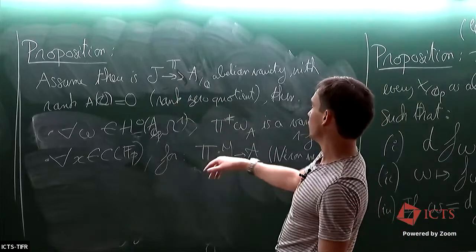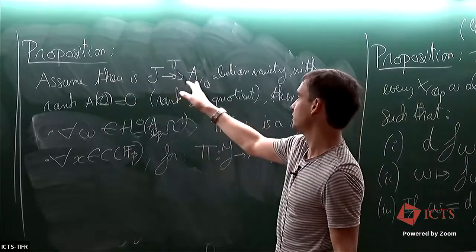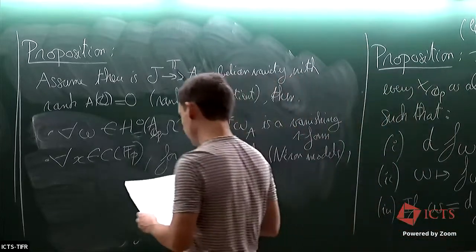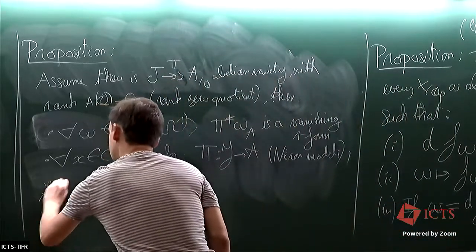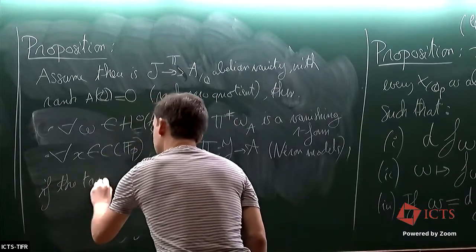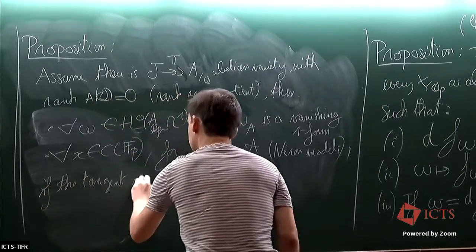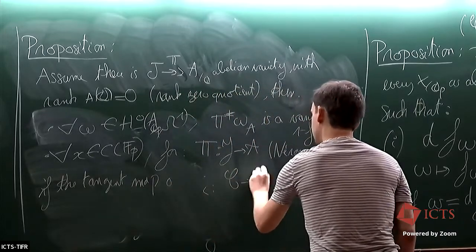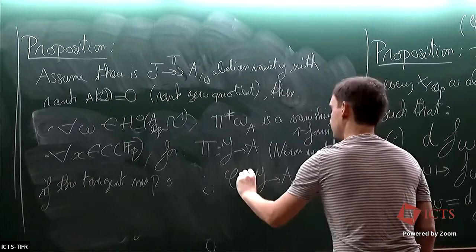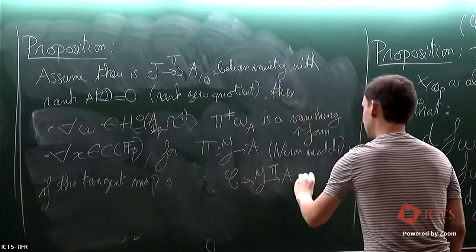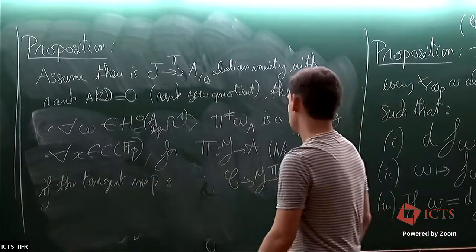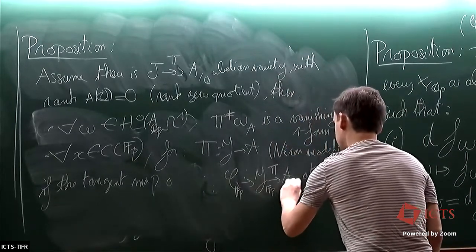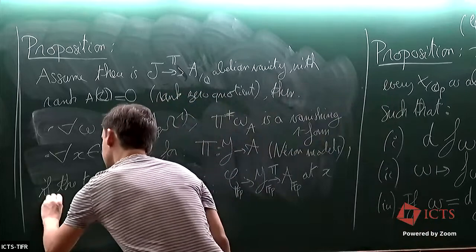So I get a morphism in particular from J_Fp to A_Fp. Then if the tangent map of iota from C to J to A at x, over F_p, is non-zero.